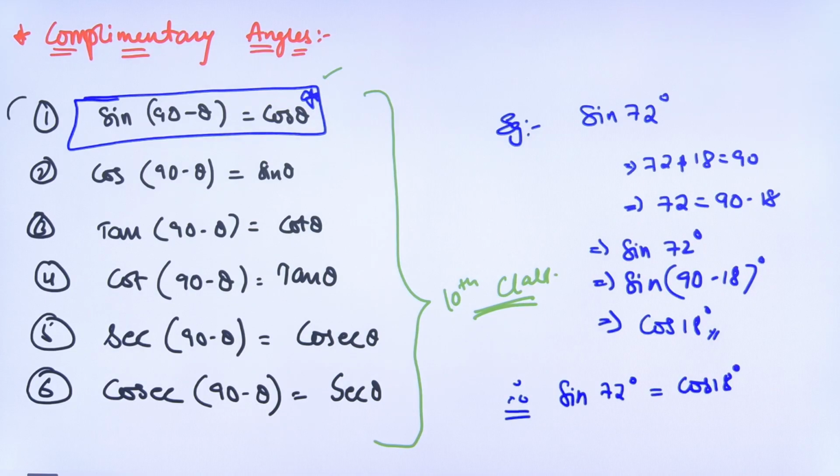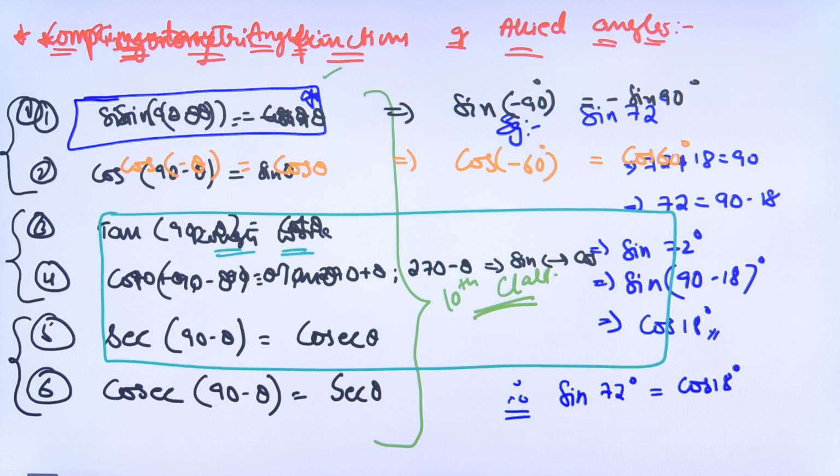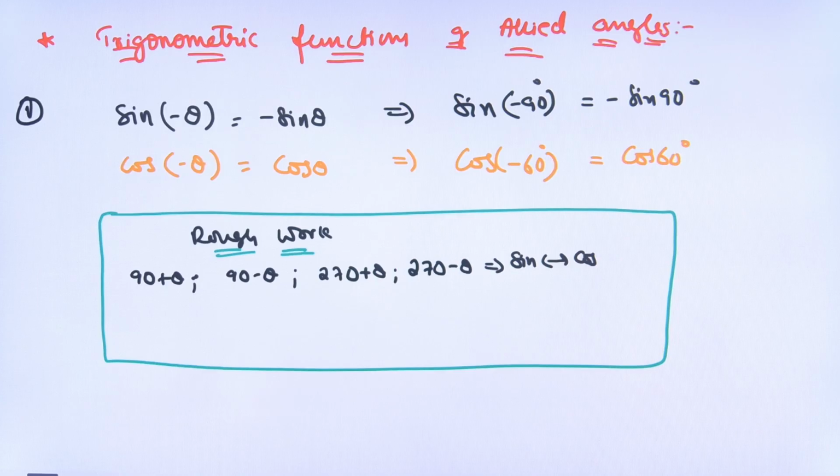These two are like one combination, these two are like one combination, these two are like one combination. At the same time, tan will change to cot, cot will change back to tan, and secant will change to cosecant, cosecant will change to secant.